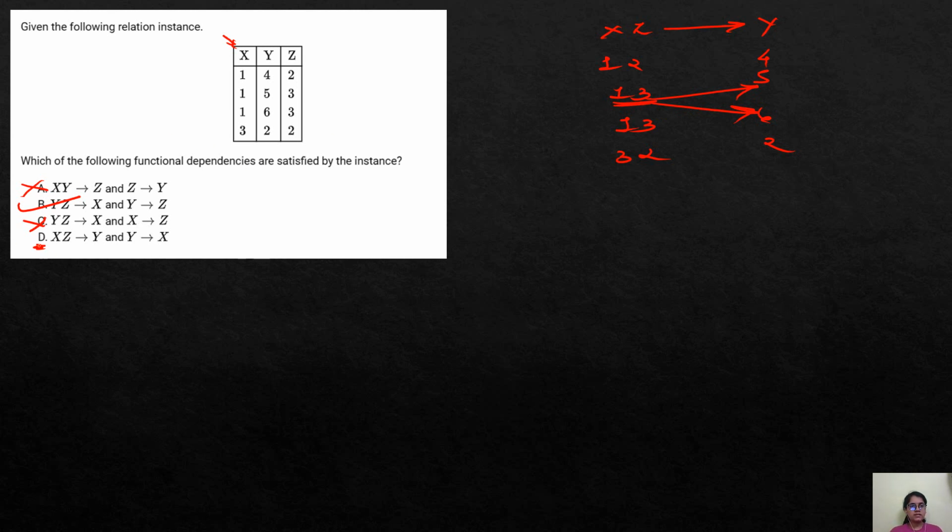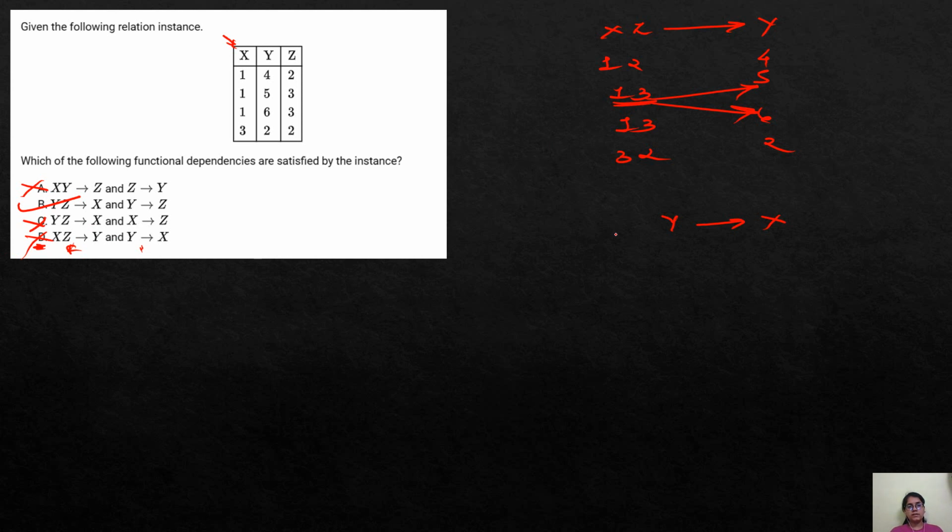Everything else may be correct, but here itself this is false, so we will not check for Y and X. But for better understanding, let's check.